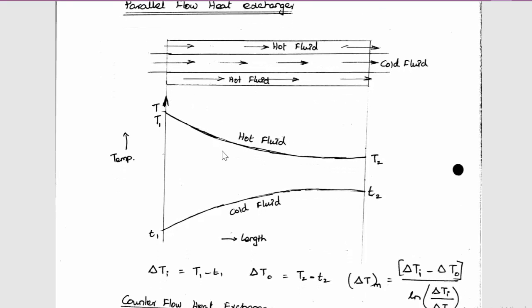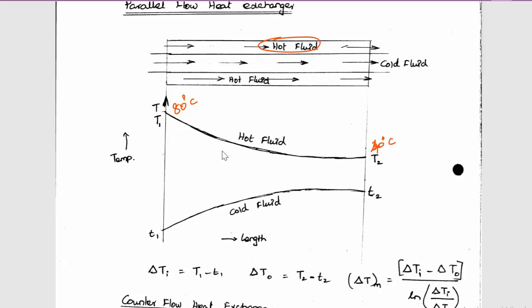Now, as I already told you, consider a concentric tube in which the inside tube has cold fluid and the outside tube has hot fluid, right? So the hot fluid will lose its temperature to the cold fluid, right? So consider that the hot fluid enters at 80 degrees Celsius and leaves at 40 degrees Celsius maybe.